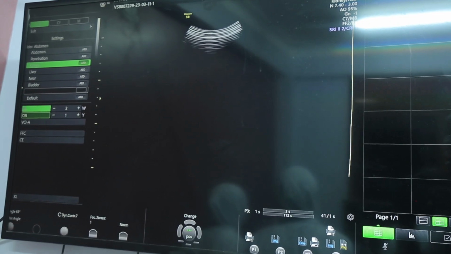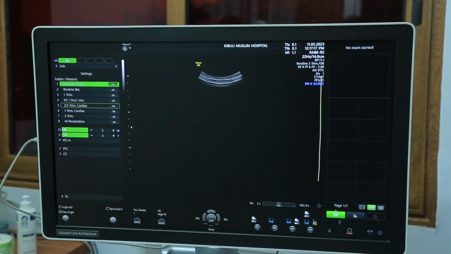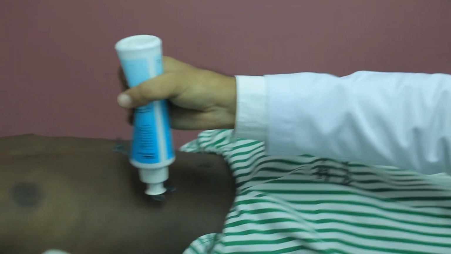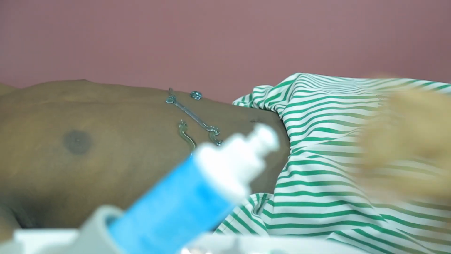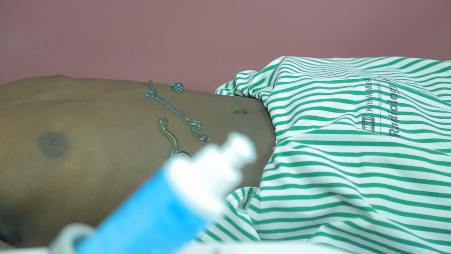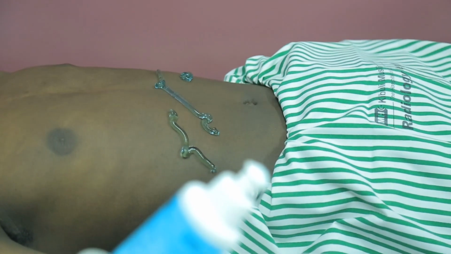When you're going to start the exam, you have to apply the coupling agent. This is called a coupling agent or an ultrasound gel. This gel is applied onto the body of the patient. The gel helps in transmission of sound into the body of the patient. When you do not apply gel, the sound will not be transmitted into the patient and you will not be able to acquire images.